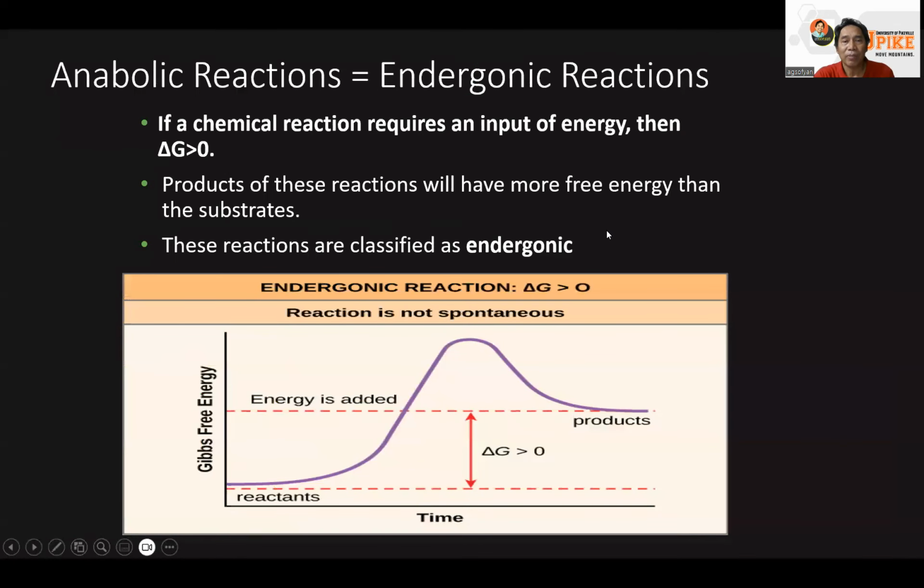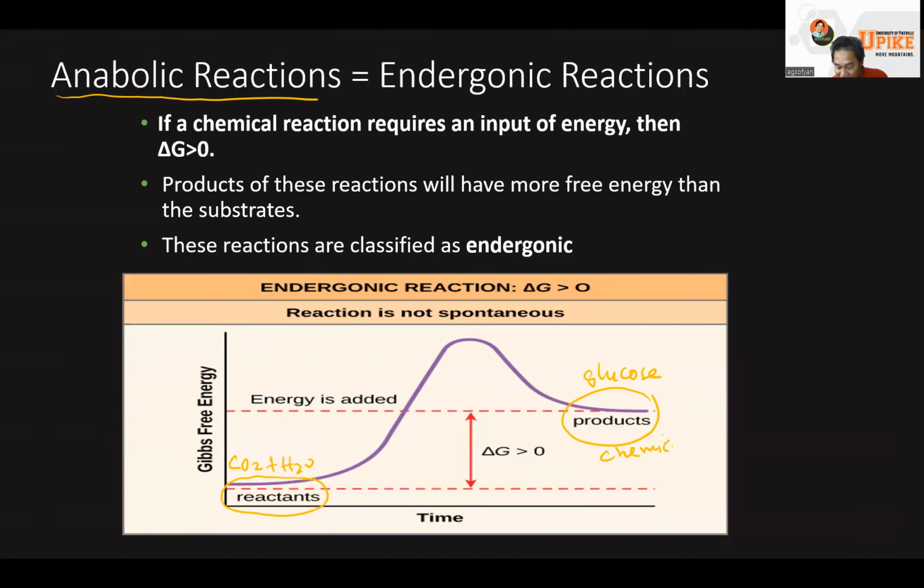But look at the other one, which is the anabolic reaction, the synthesis reaction. Look at this. It starts from smaller molecules, which have less energy. So it starts from carbon dioxide, let's say this is photosynthesis, plus water. In order to make a product, which is glucose, that stores chemical energy, to make it higher energy over here, we require adding energy over here.